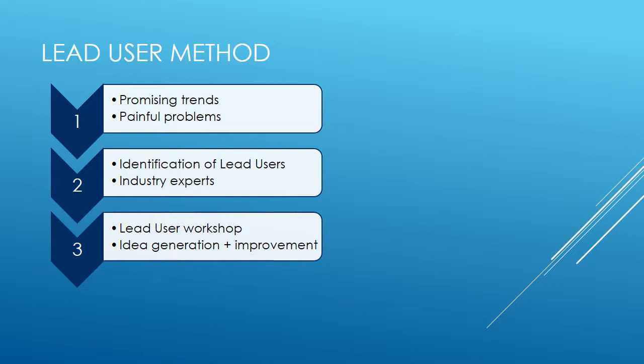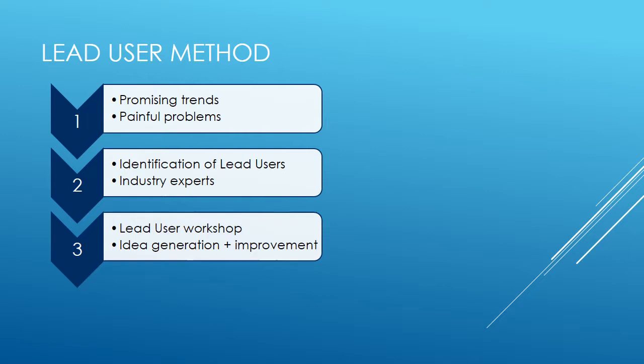So lead users and industry experts are invited to the lead user workshop, which normally lasts about 3 to 5 days. On the first day of the workshop, there is some level of idea generation. Every attendee states their ideas and shares them with the teams.